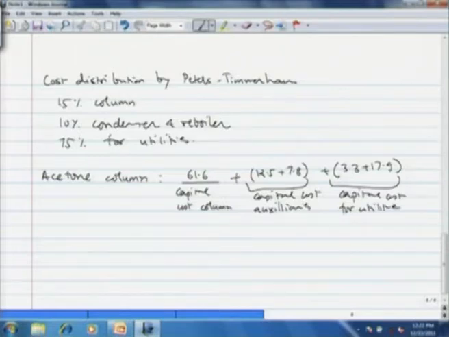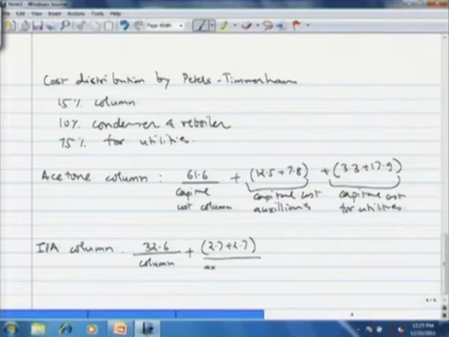We take the second column, the IPA column. Here you will see $32,600 as the column cost, plus 2.7 plus 2.7, that is 5.4, for the auxiliaries, condenser and reboiler, and 0.7 plus 1.7, that is 2.4, for utilities.